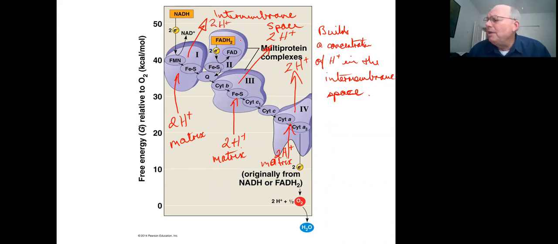So there is another complex, and we believe that it actually contains the same iron sulfur protein that's part of complex 1, but it's in a different chemical environment that means that it can actually extract electrons out of FADH2. And rather than passing them into complex 1, the electrons enter Q and then enter complex number 3, and then follow the same pathway as the electrons from NADH.